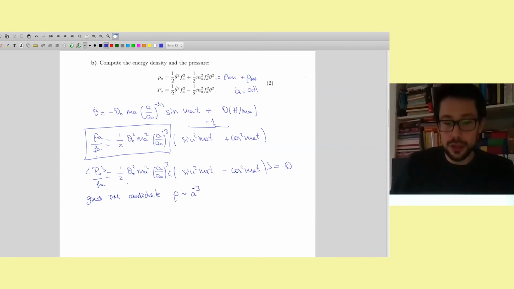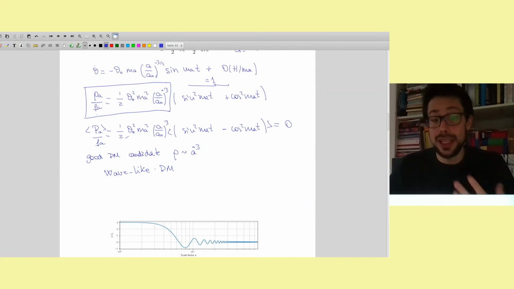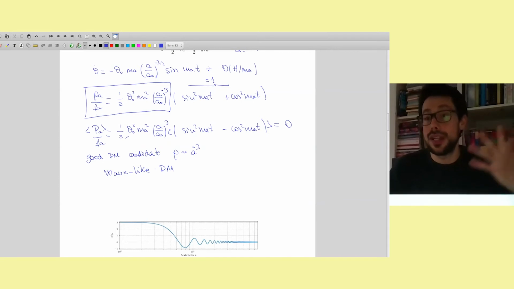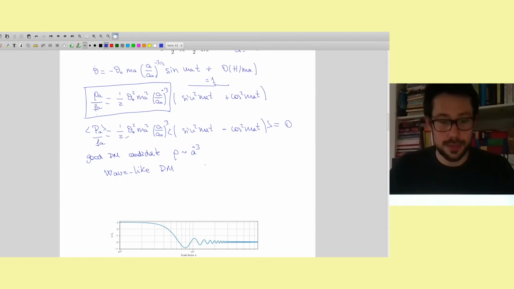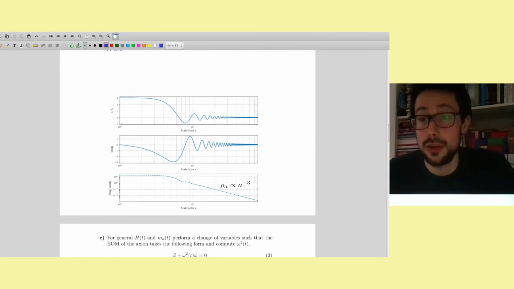So even though we call this dark matter, this is more of a wave-like dark matter, okay? And as a consequence, the ways in which we try to detect the axion are completely different with respect to other standard dark matter candidates, such as the WIMP and other candidates, right?